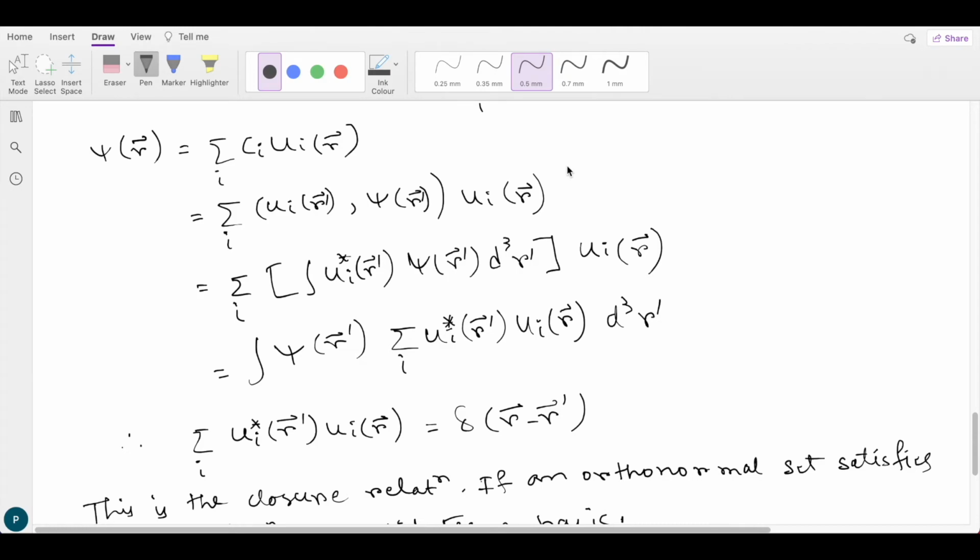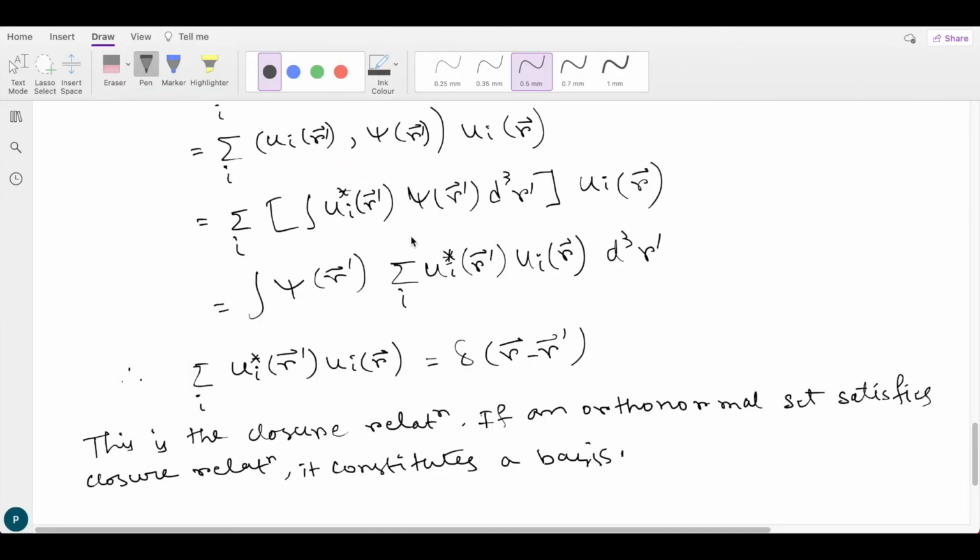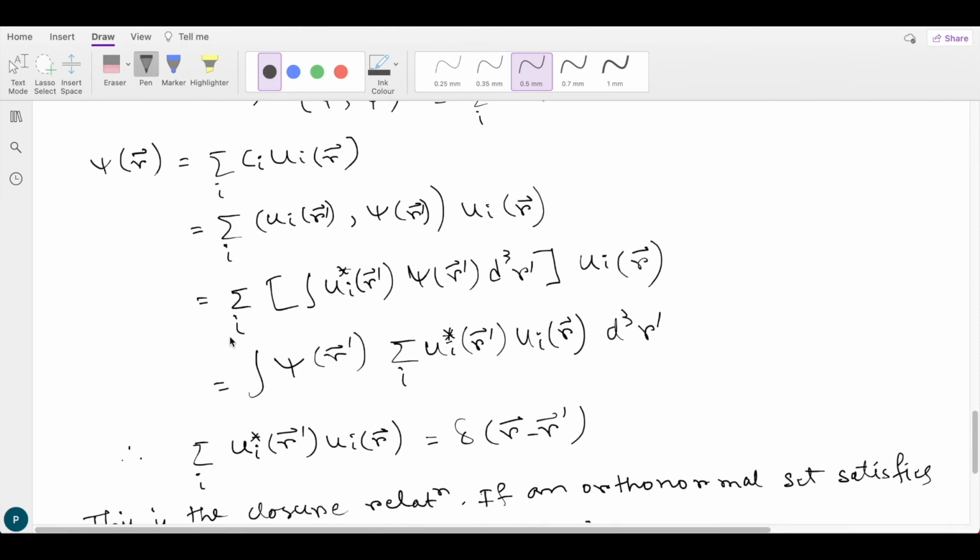We are changing the variable from r to r prime to avoid any confusion. So the scalar product is given by the integral of ui star psi d3r prime. So we rearrange this term and write it as the integration of psi r prime times the summation of ui star r prime ui r into d3 r prime, and this equals psi r.